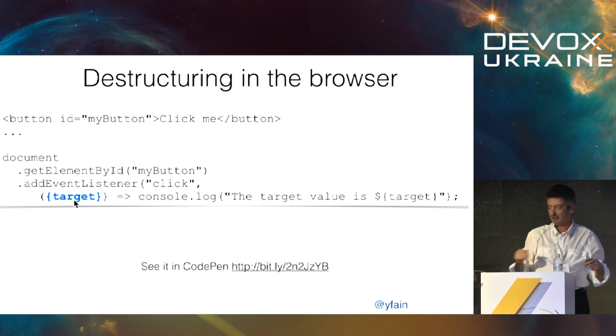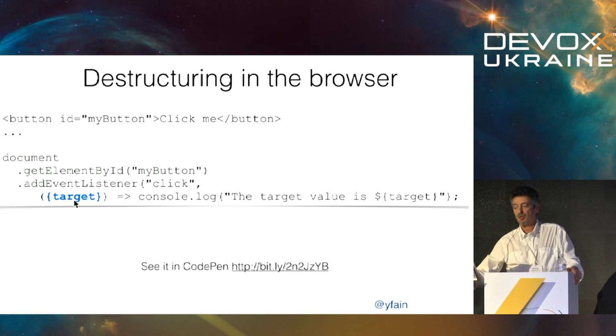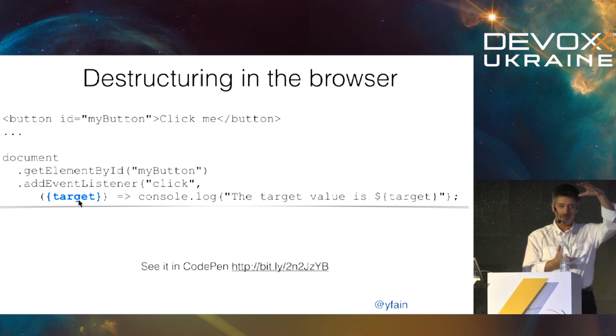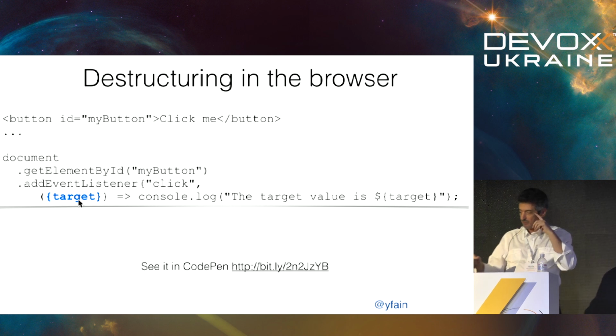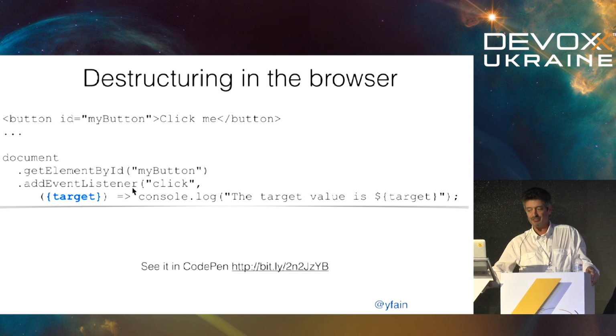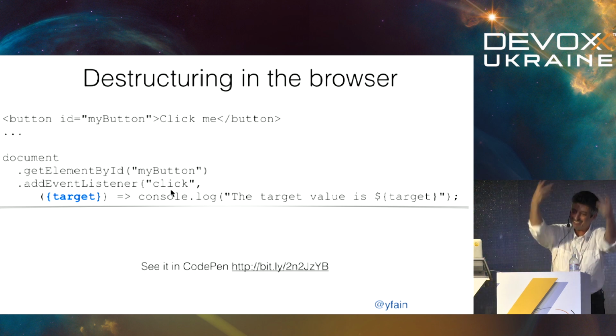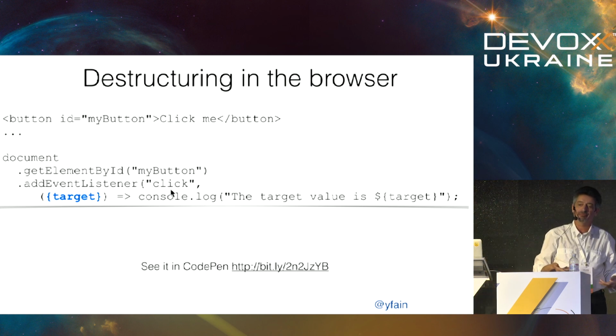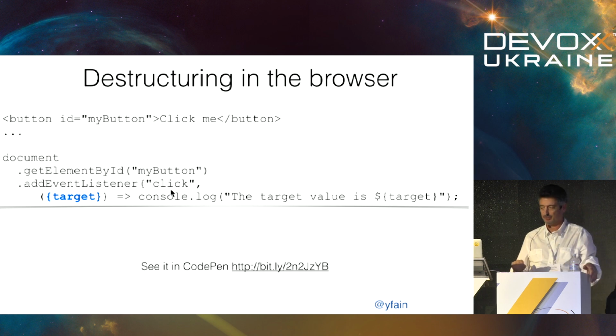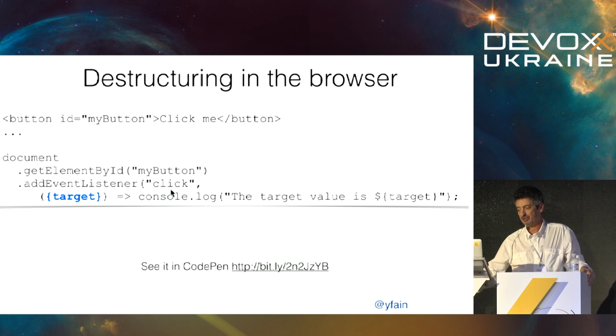I want to know which one. And it is represented by the property target of the DOM event object. So what do I do? I add an event listener. When somebody clicks on the button, give me that object and destructure it. Extract from it the property target, just one property. Nice and simple. And I have this target in this variable. These curly braces. Whenever I see curly braces on the left of the equal sign, it's destructuring.